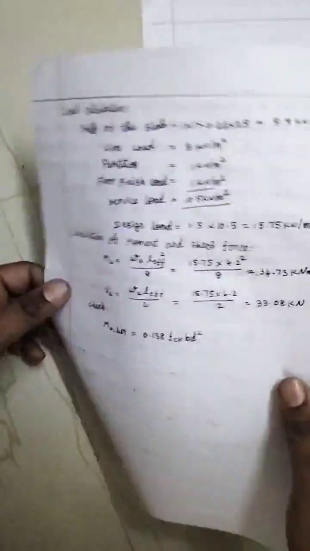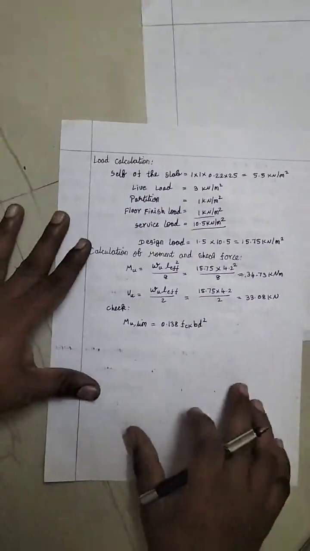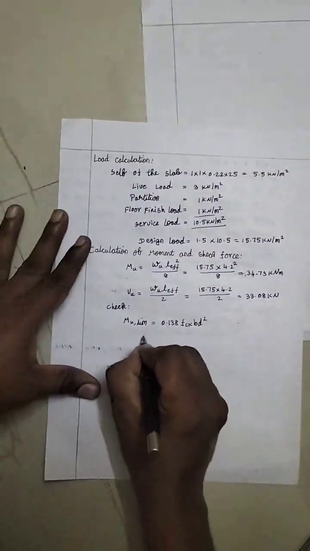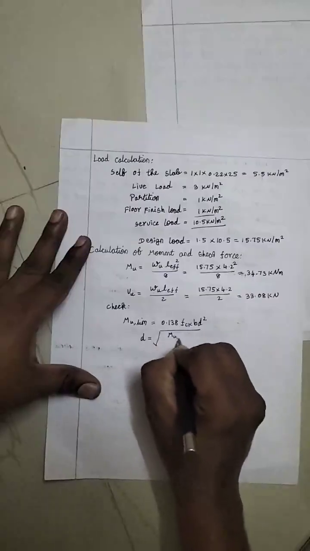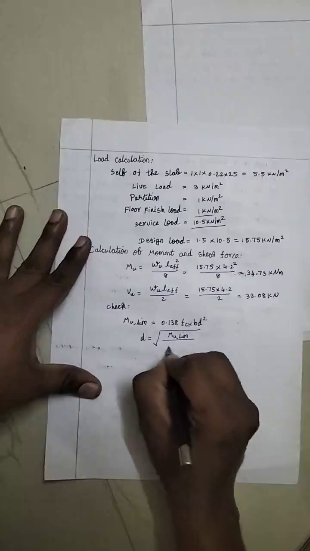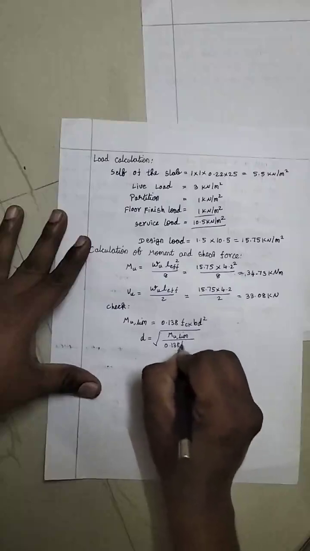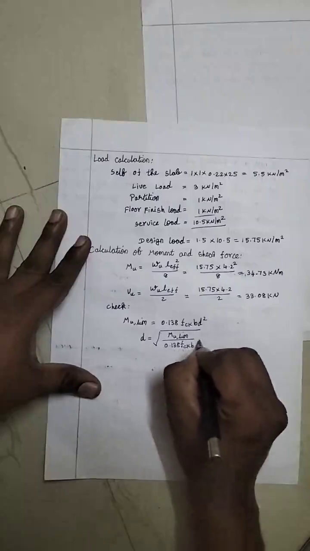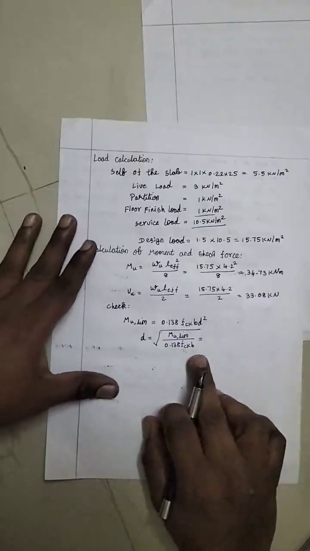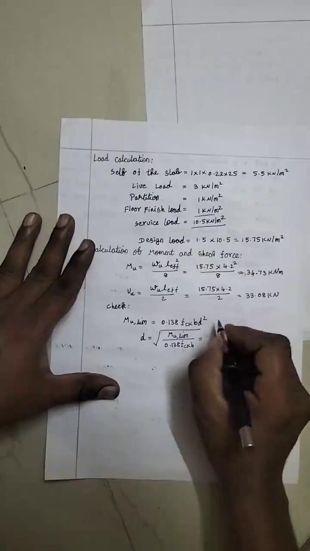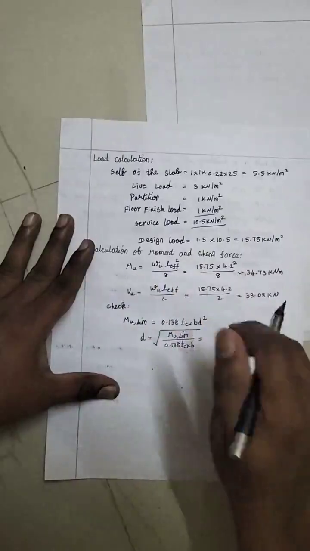So the value is 0.138. Here we need to check the depth. So d equal to root of Mu limit divided by 0.138 fck b. Here the width of the slab we need to take as 1000. So here we can take the Mu as Mu limit.